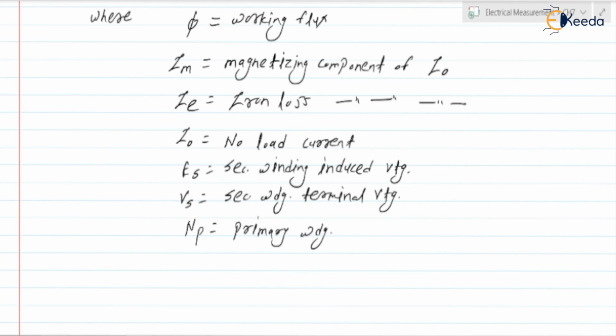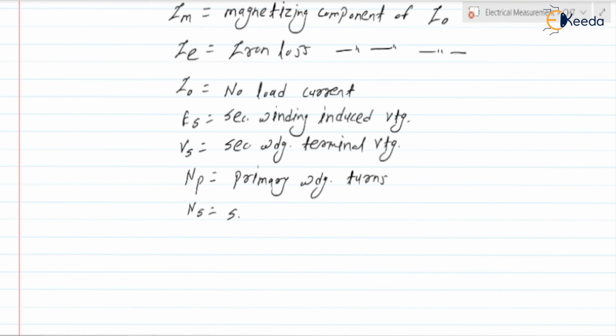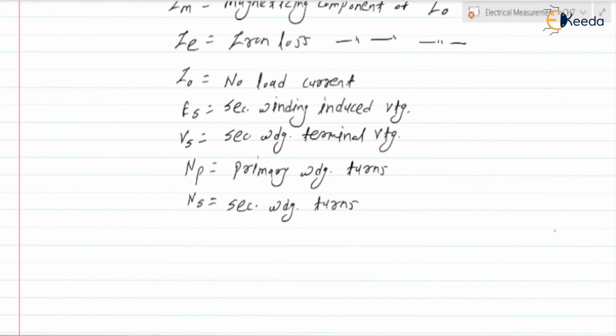NS is the secondary winding turns. Right. This is the NS. Next, IS. IS is the secondary winding current.